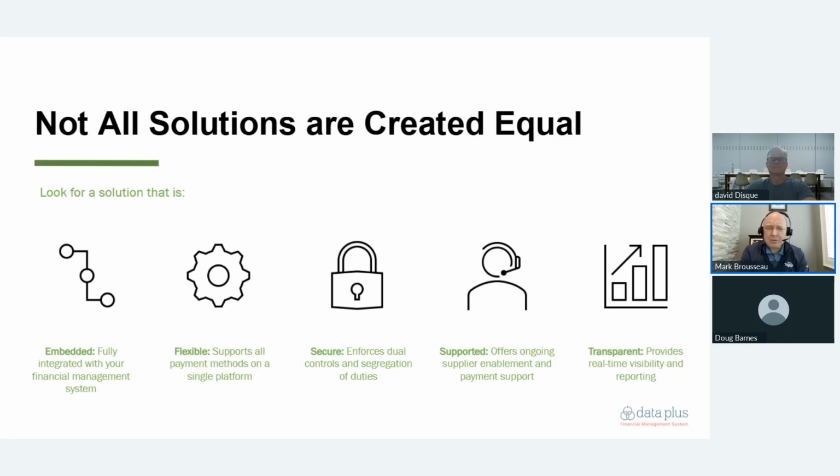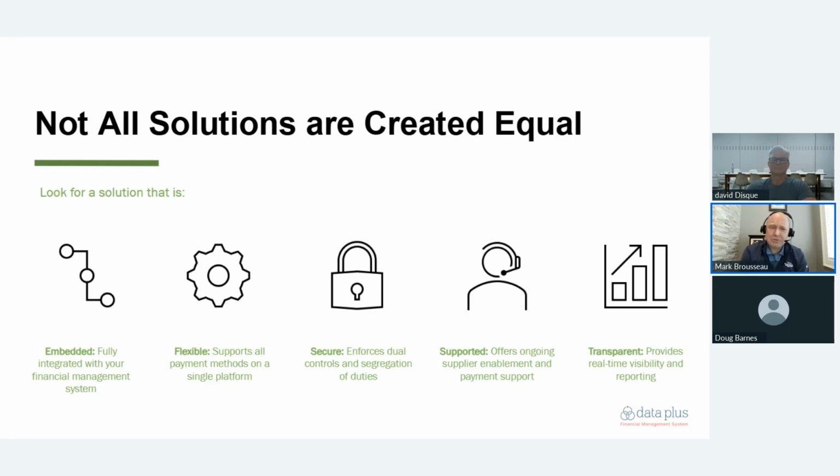You want to make sure that you find a solution that enforces dual control, segregation of duties, logs all actions taken on a payment, provides you with the control you need over your payments. You also want to make sure you find a solution that offers ongoing supplier enablement and payment support. Fact is your supplier base is going to change over time.